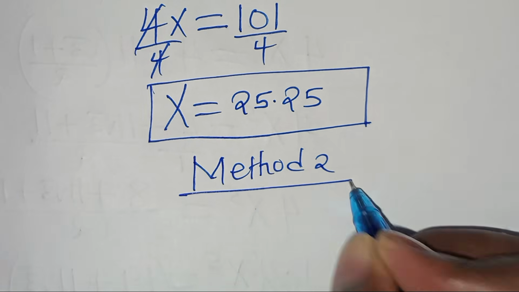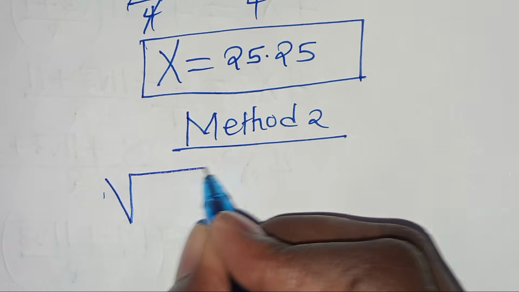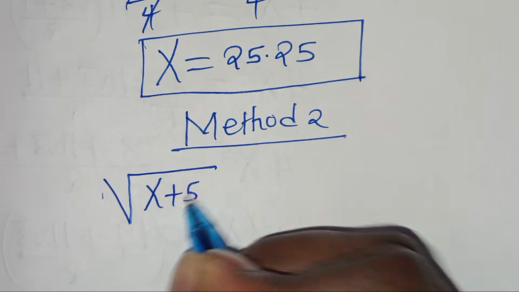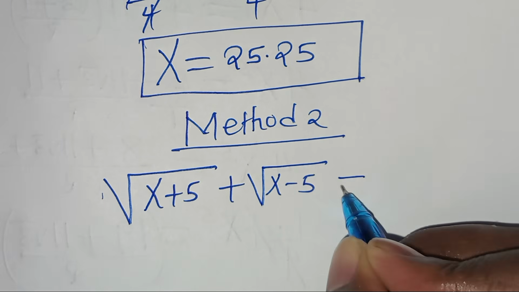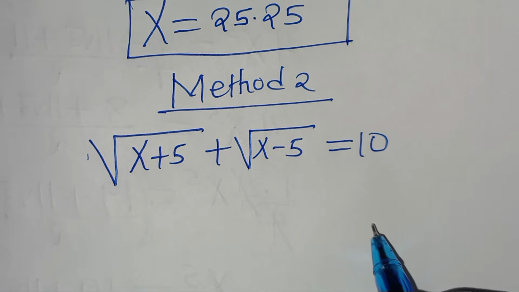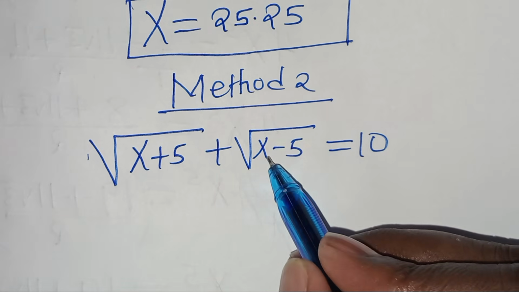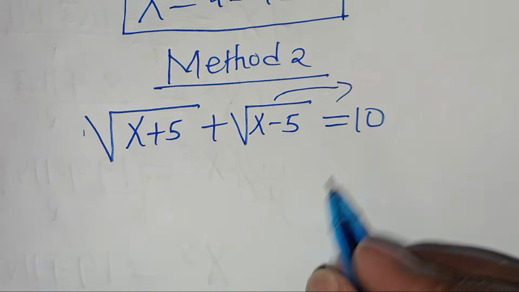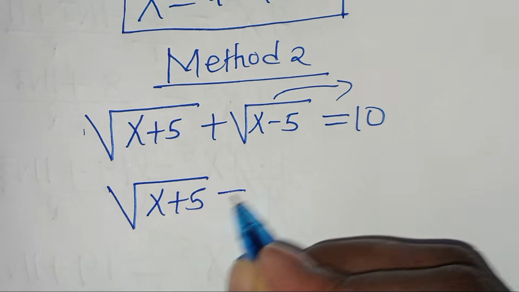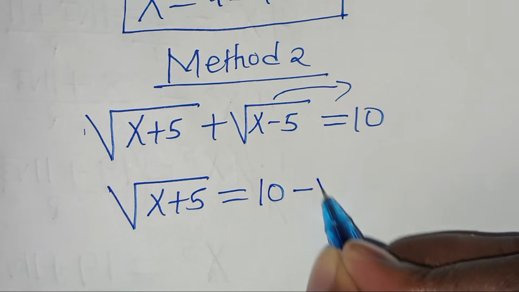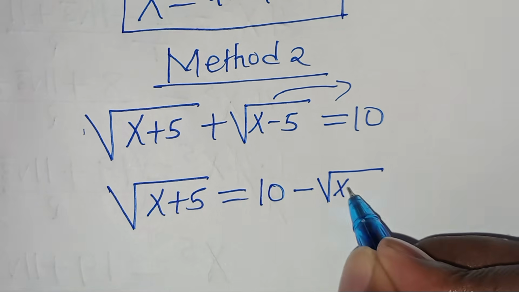And now to solve this square root math problem, which is the square root of x plus 5 plus the square root of x minus 5, this is equal to 10. So the first step is to take the square root of x minus 5 on the right hand side, so that we have the square root of x plus 5. This is equal to 10 minus the square root of x minus 5.